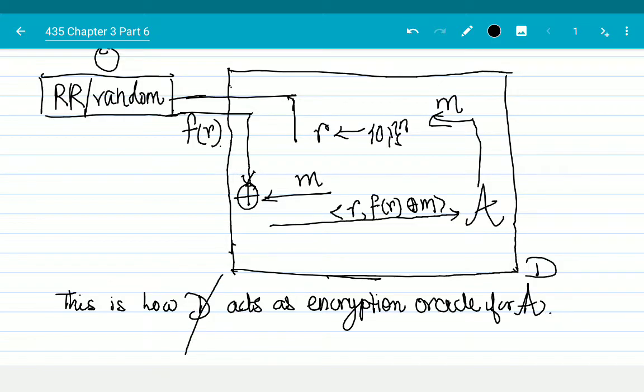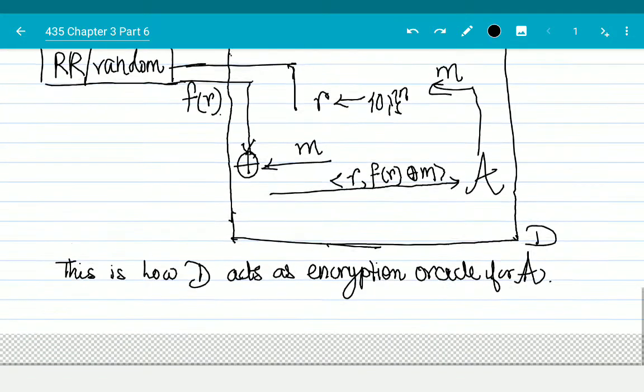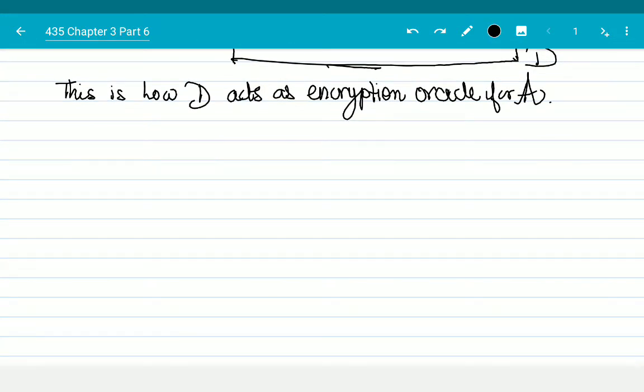Okay. Now, how do we set up the experiment? In the experiment, we want D to be distinguishing whether my oracle is random or pseudo-random based on what A does. And the experiment is going to be as follows.